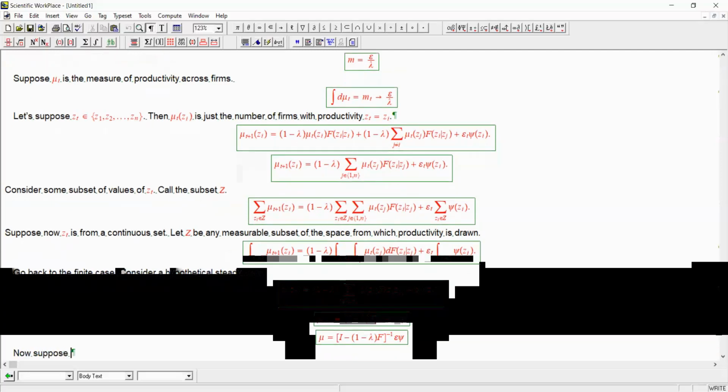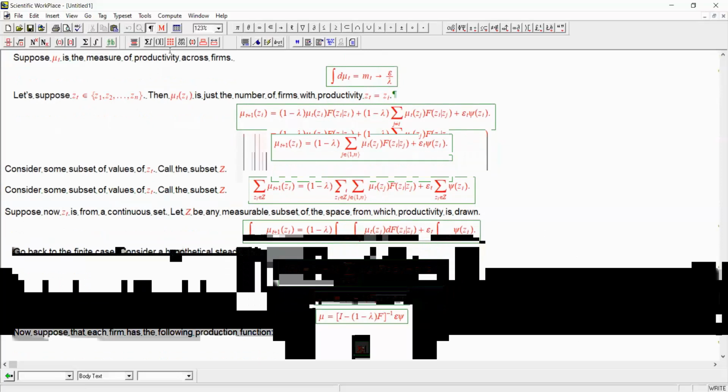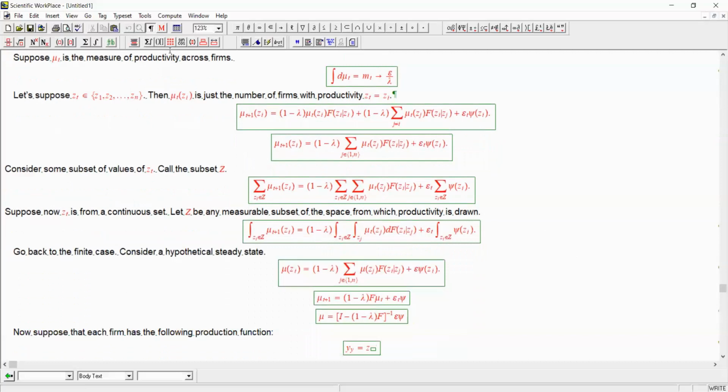So suppose that each firm has the following production function. The production function is going to be that the output of a particular firm is its productivity, which again varies across firms, times n t to some power. Great.